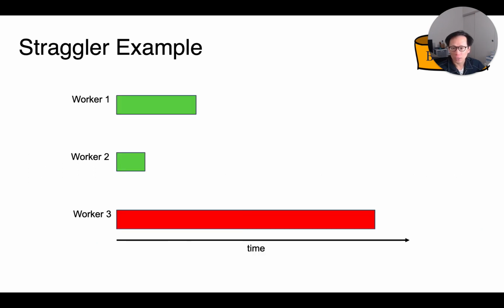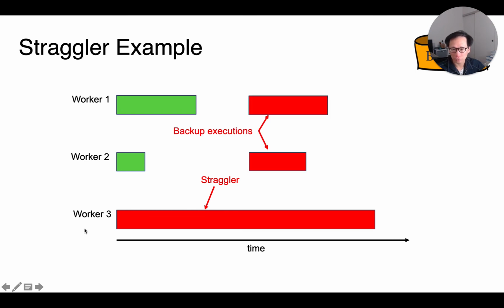So, for instance, in this case, we have 3 workers here, with worker 3 here being the straggler. So after workers 1 and 2 have finished their tasks, the leader node will assign the task that was assigned to worker 3 to the 2 idle workers.